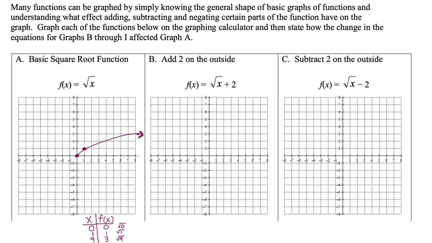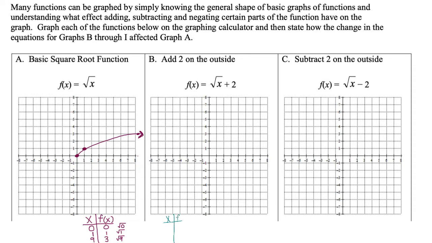Okay, now looking at part B, we can do two options. One option is a longer option than the other. One way is to go ahead and take our basic t-chart, and I do want you to copy the t-chart. So we're going to copy x and f of x.